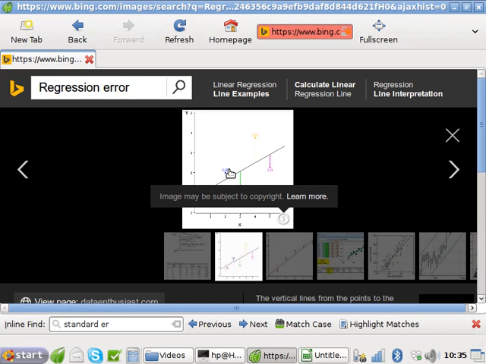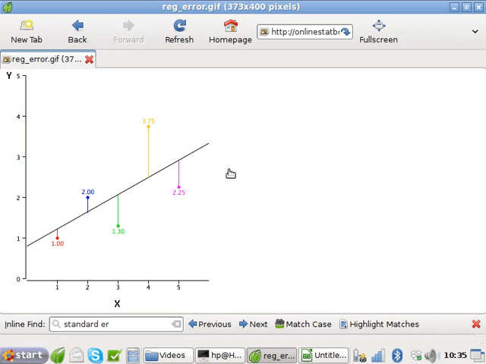So for example here, this one here, the point is at 1, but the line is slightly above 1. And here, the point is at 2, and the line is slightly below 2. So the predicted value is the value it should be on the line, and the actual value is the value you got from the experiment, and they should be slightly different. And if they're very different, it means the point is very far away from the line.